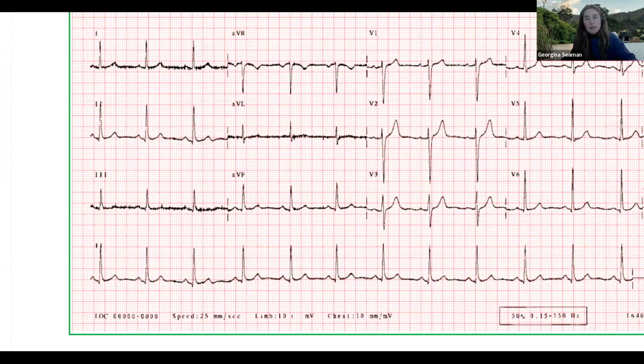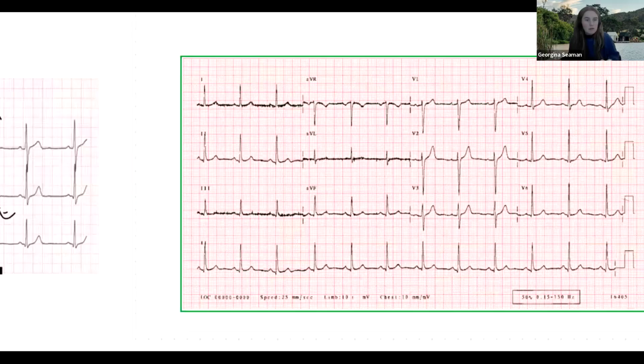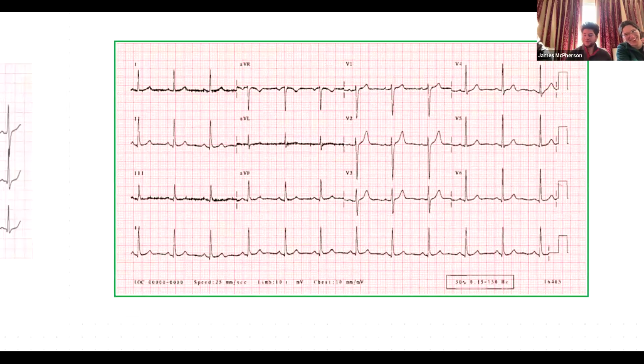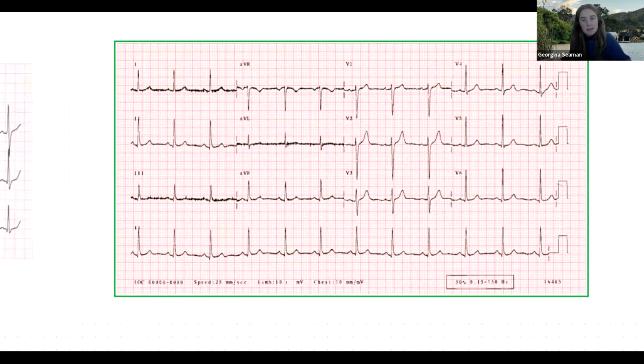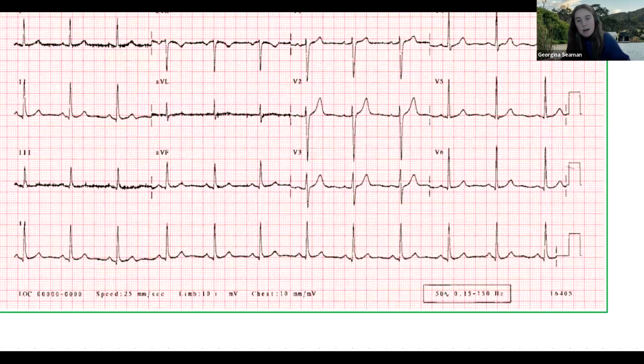Okay, so maybe a better tracing. So is our amplitude okay? Yes. Perfect. And our frequency, is it okay too? Fantastic. So from Gareth, the frequency on this one is 0.15 to 150. So what does the approximately 50 refer to? Anita, another group actually asked me this question as well, and I'm not sure, but I'm assuming it's an average.